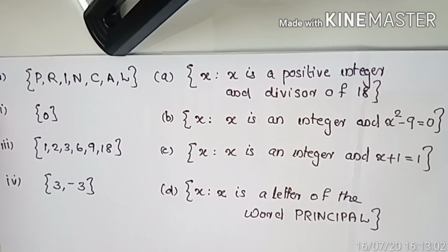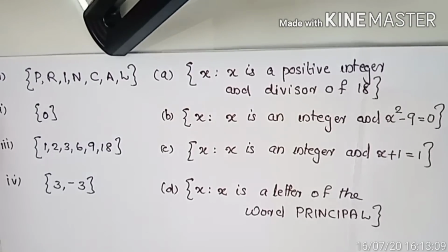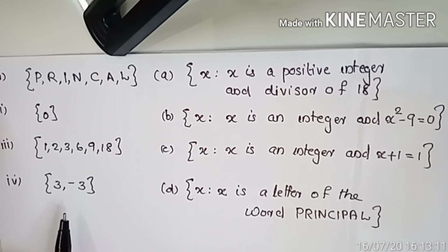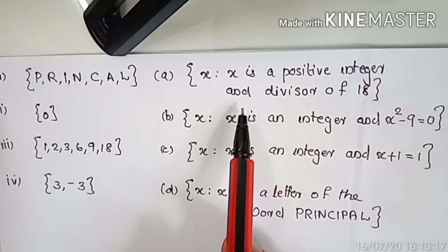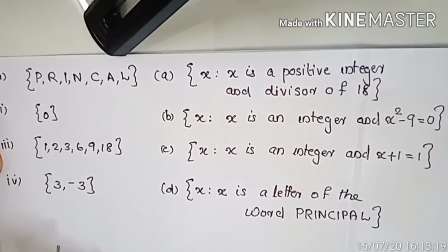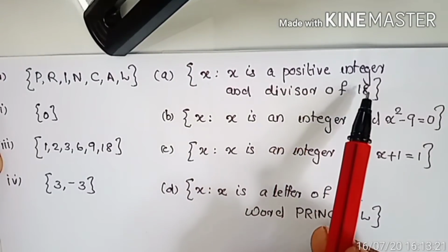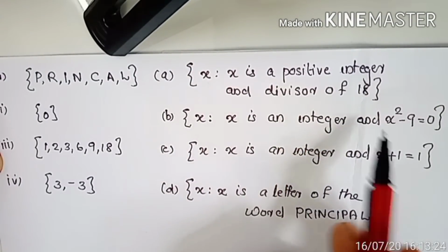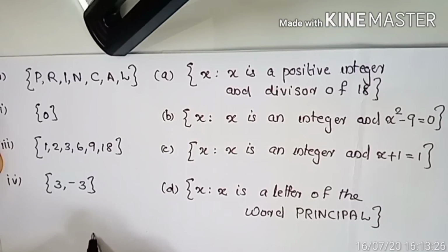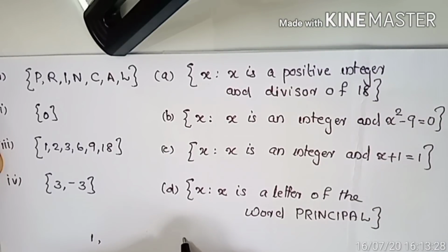Example 5 is: match each of the sets on the left described in roster form with the same set on the right described in set builder form. One side represents roster form and the other is set builder form. For finding the answer, we consider set builder form. First one, look at that. X such that x is a positive integer and divisor of 18.